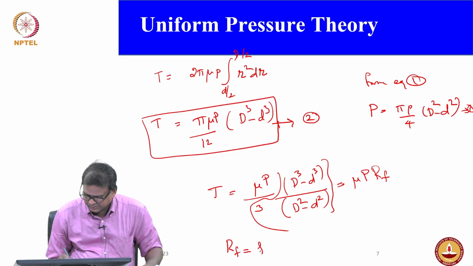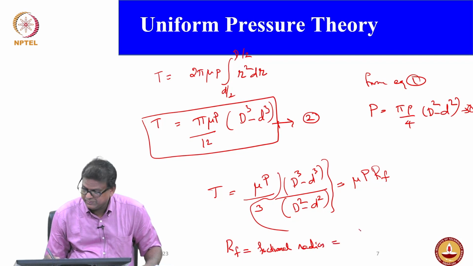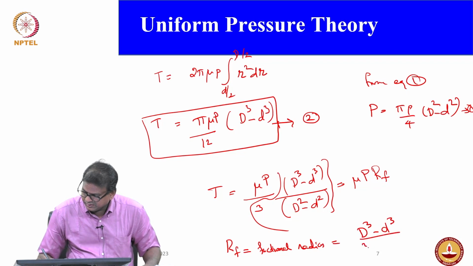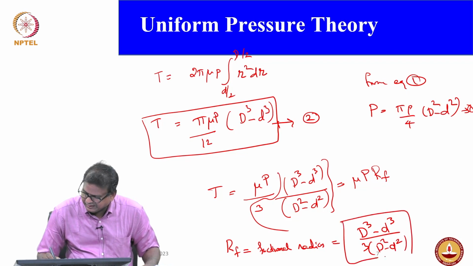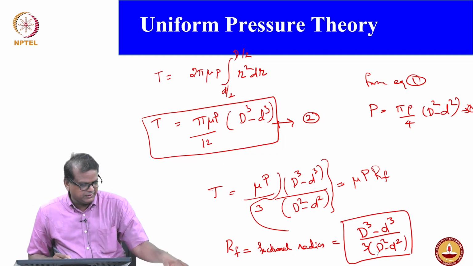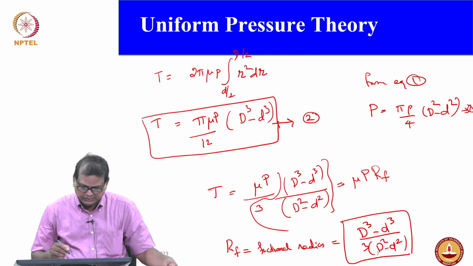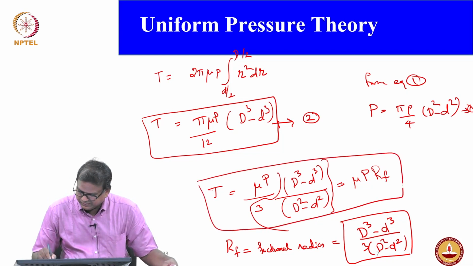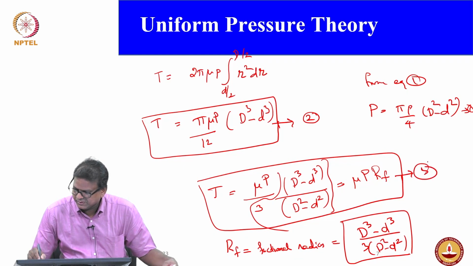RF equal to the frictional radius, which is one third of capital D cube minus small d cube over capital D square minus small d square. This value would vary for uniform wear theory, try to understand that. So this is for the uniform pressure theory, and you can make it equation number 3.